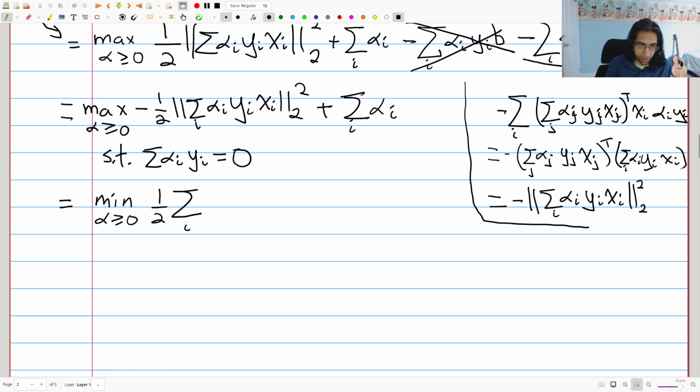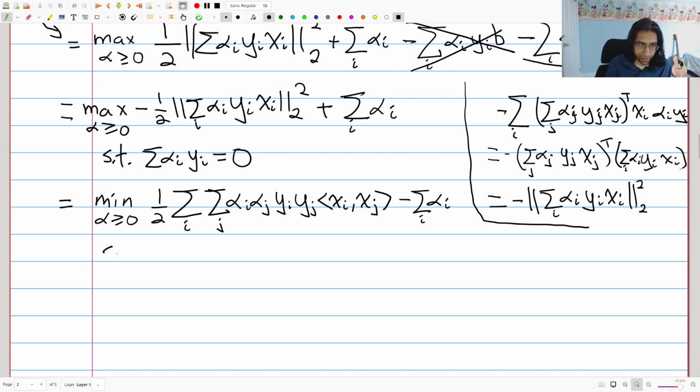So we're going to do summation over i, summation over j, alpha i, alpha j, yi, yj, and then the inner product of xi and xj, and then minus summation of alpha i's.